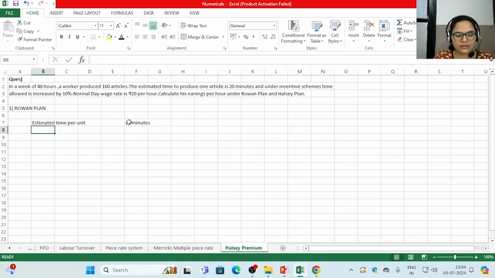Next we need to add 10% time for incentive scheme, which is 2 minutes.